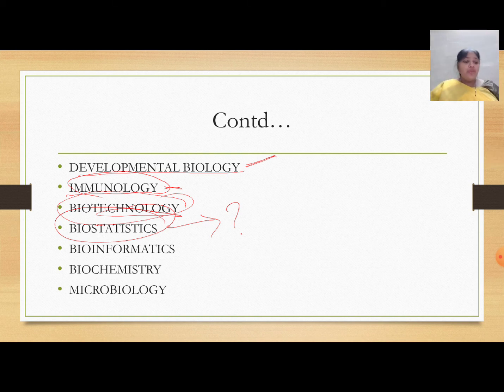For example, if you're doing genetic studies or population studies, you have so many people, you have to do a simple calculation of the mean or a median or a mode, and you have to correlate the results. You have to understand that concept, do the correlation, do the regression, do the pie chart. All those things we study under biostatistics.